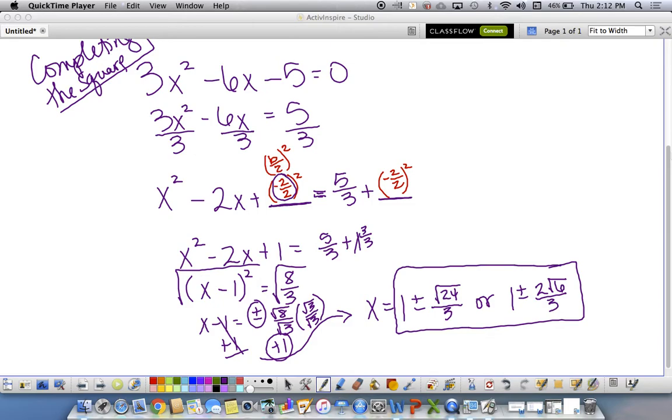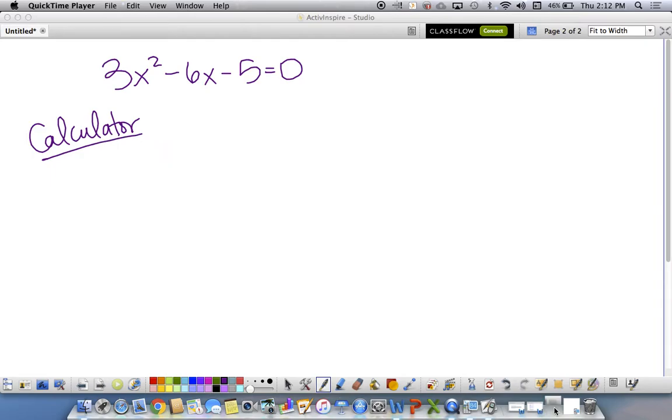Perfect. All right, maybe we'll take the same equation, 3x squared minus 6x minus 5 equals 0. And this time we're going to use our calculator. In our calculator, I think I pulled it up here.